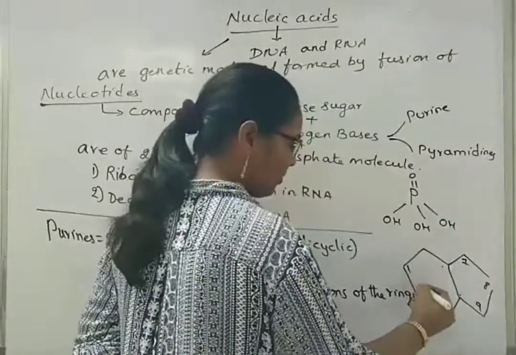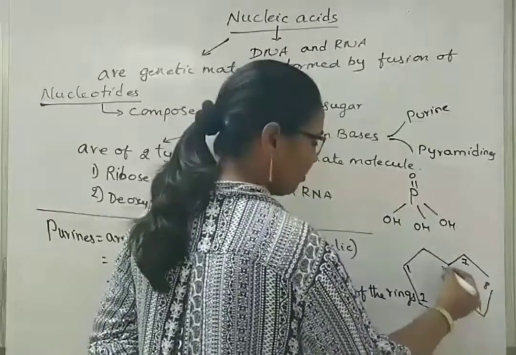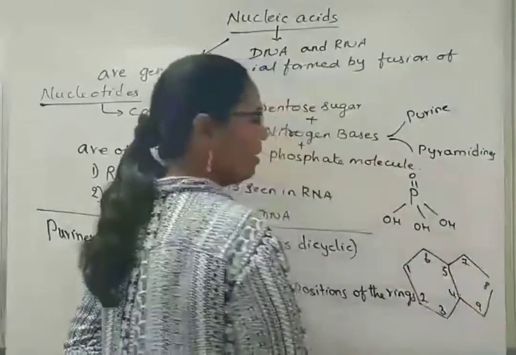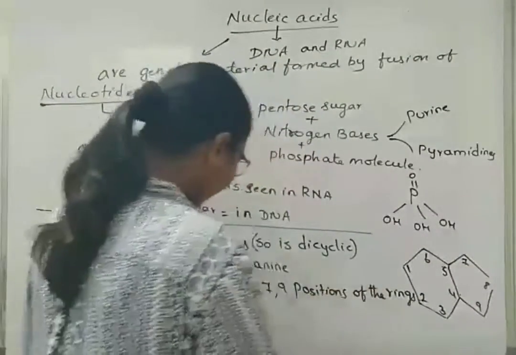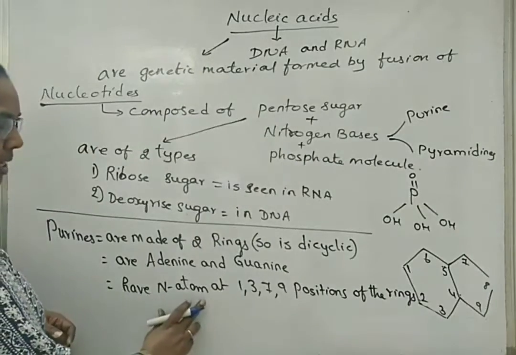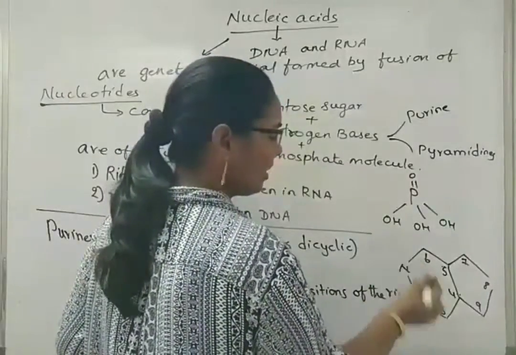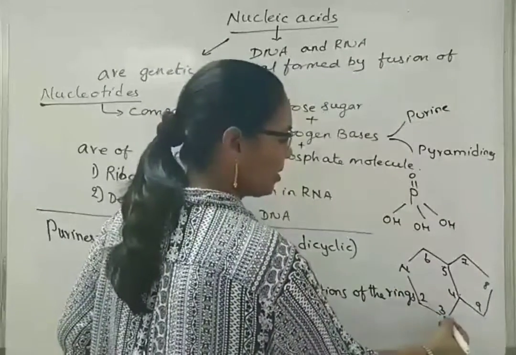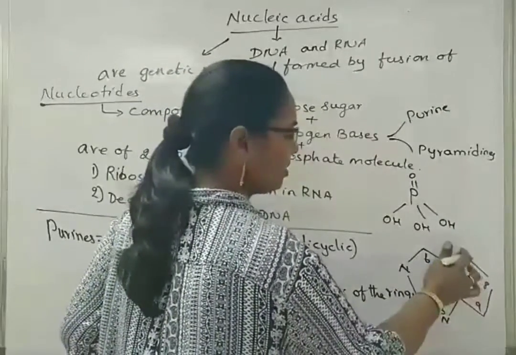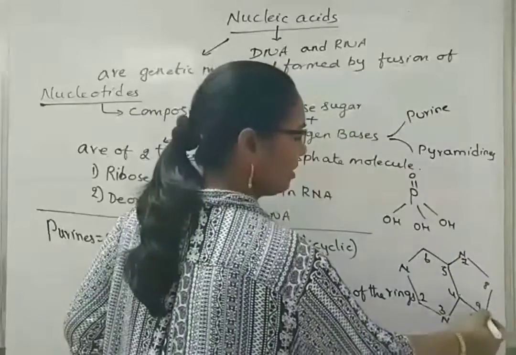I have written one point here: nitrogen atoms are at 1, 3. So here will be nitrogen at the first carbon position, another nitrogen, and another nitrogen.